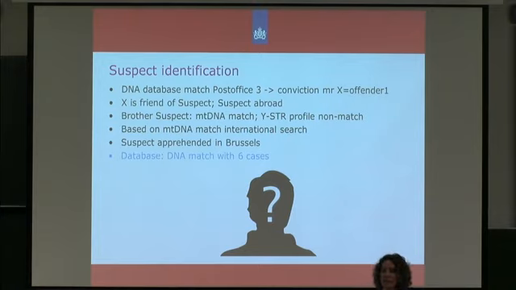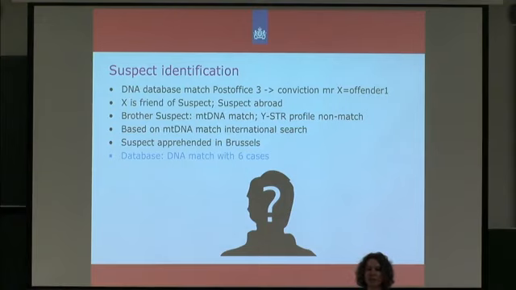And the police started to investigate around this particular person X. So the suspect was a friend of X, but he was abroad and he couldn't take a sample to test him. So his brother was in the Netherlands, so they tested him, and there was not a match on YSTR, the male lineage, but there was a match in the female lineage, a mitochondrial DNA match.